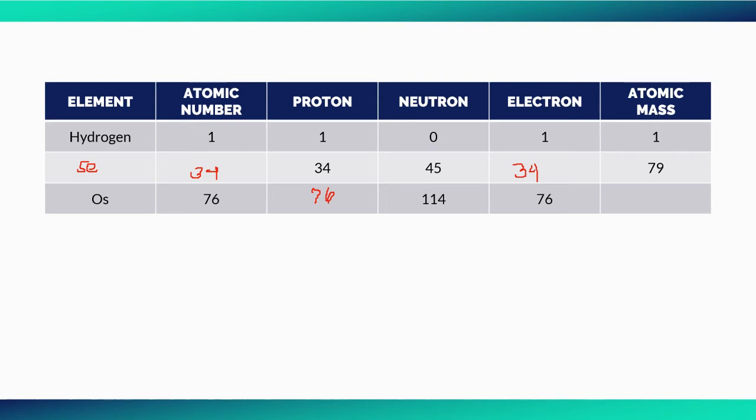Very good. So therefore, the atomic mass is 190. So that is how you get the different values on this table. Again, the atomic number, the proton, and the electron are all the same. If you want to find the atomic mass, you need to add the proton and the neutron. And if you want to find the value of the neutron, just subtract the number of protons from the atomic mass.